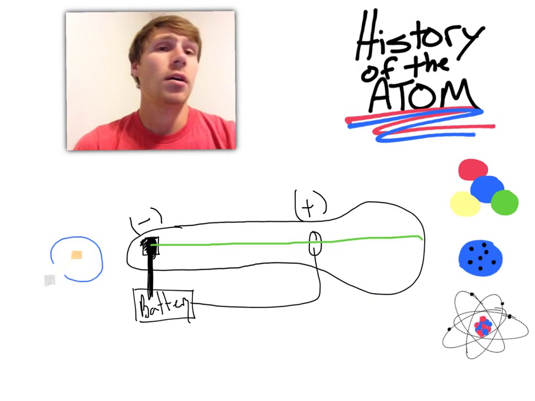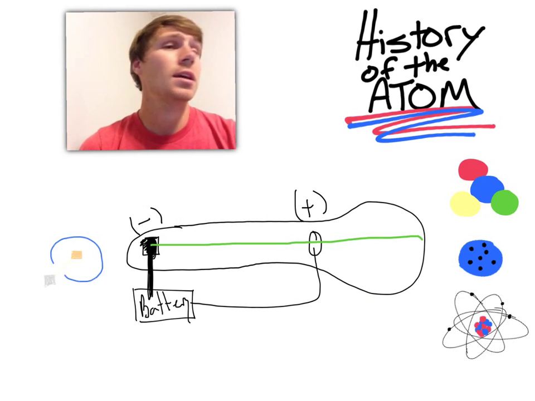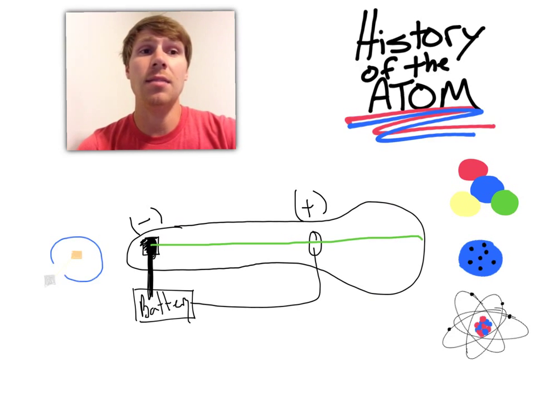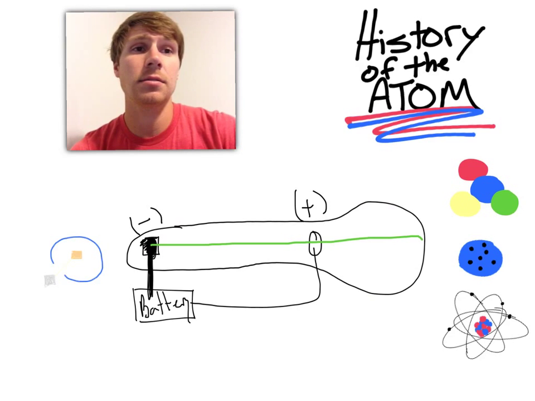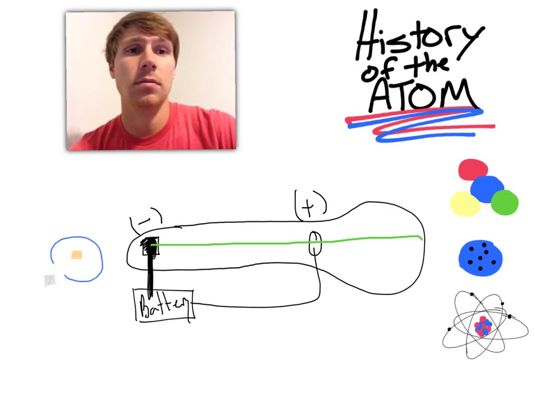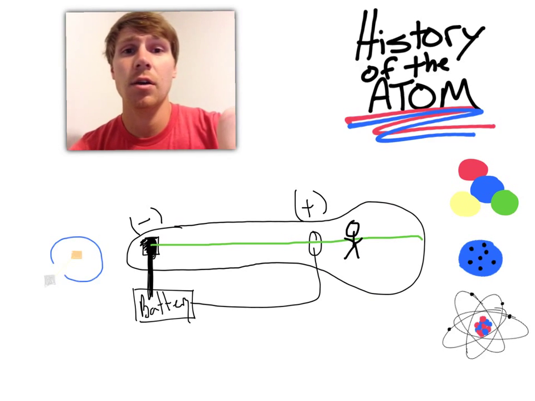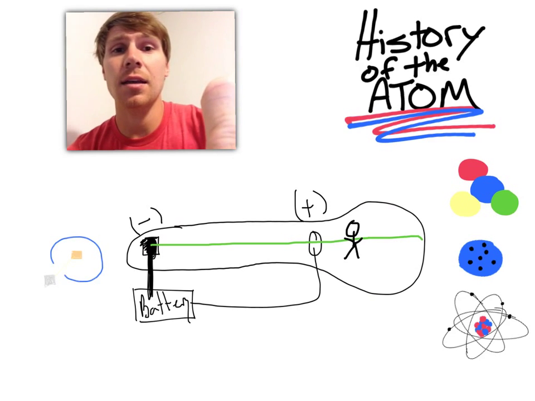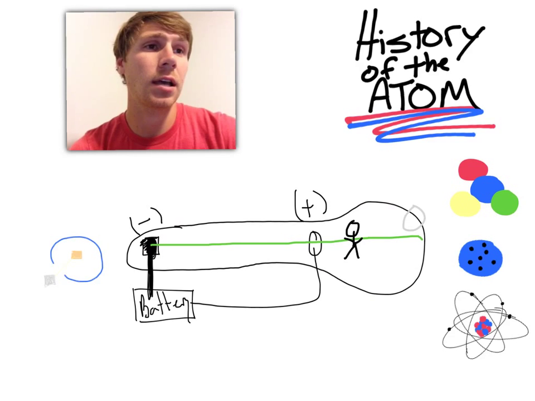The reason this was cool is that if we put an object in between, let's say right here, a stick person, what we found is that it left a shadow on this far side.